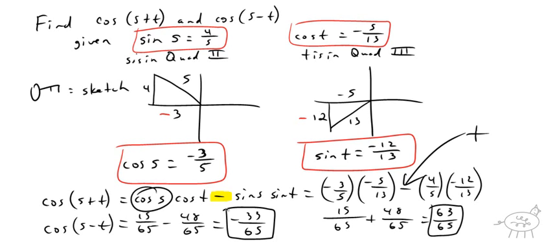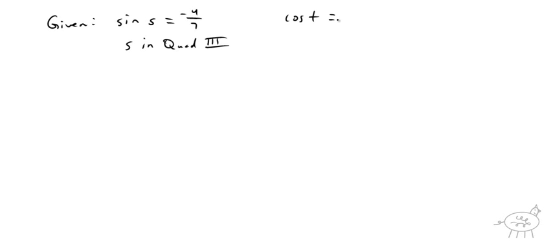That's pretty easy. All right, I want to do one more example of this, just with a couple of radicals in here. So you're given sine of S is equal to negative 4/7, and S is in quadrant 3, and cosine of T is equal to 2/5, and T is in quadrant 4.